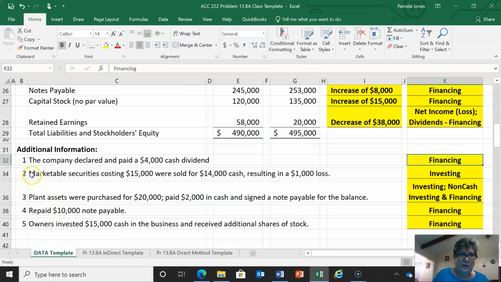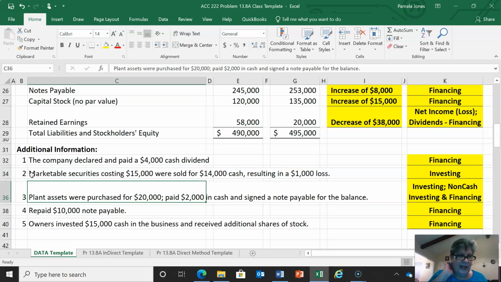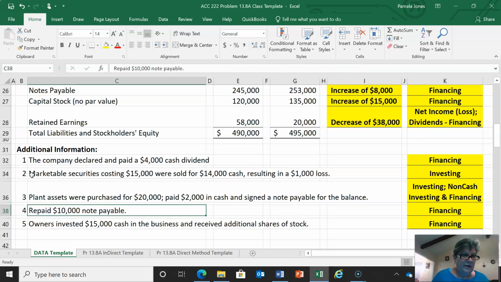And then we've already accounted for number 2. And on the plant assets, the $2,000 that was cash paid was accounted for in investing activities. So we go down to number 4, and it says we repaid a $10,000 note payable.